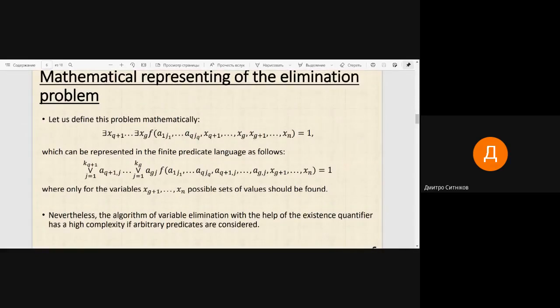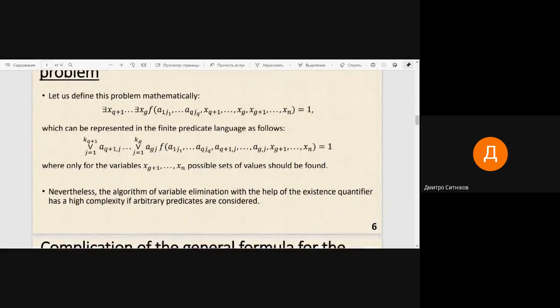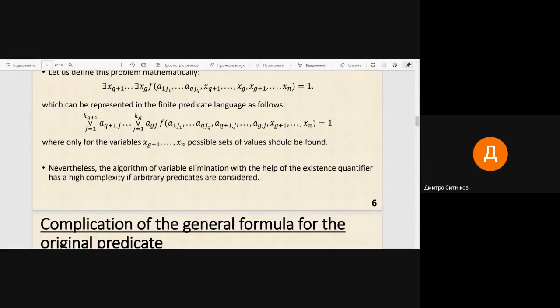Now let us consider a mathematical representation of the elimination problem. Let us define this problem mathematically. It is shown on this slide.